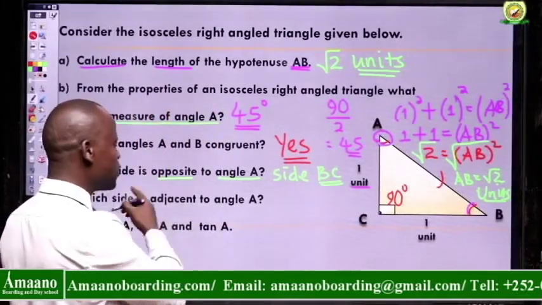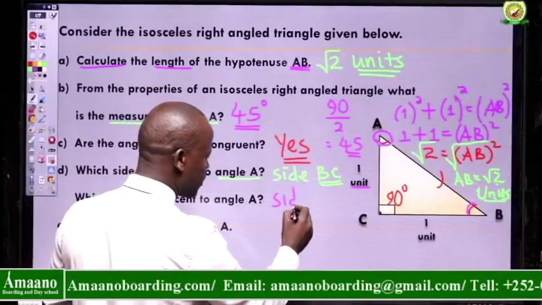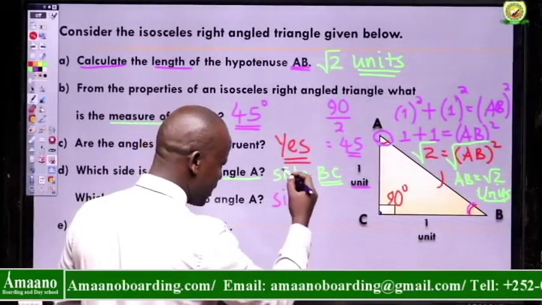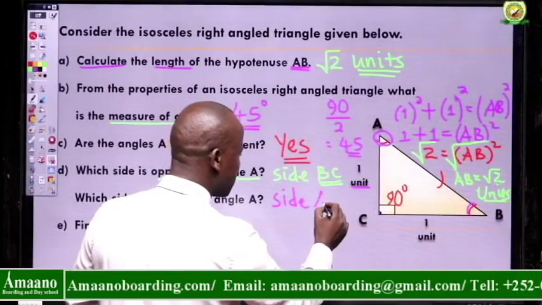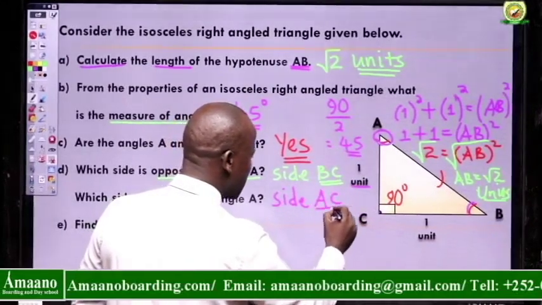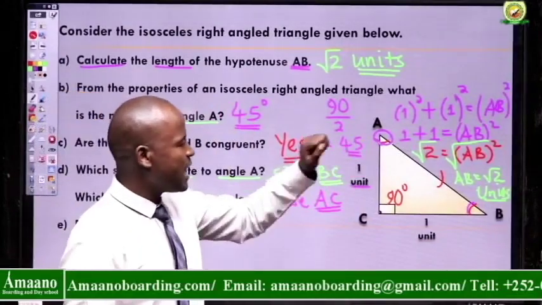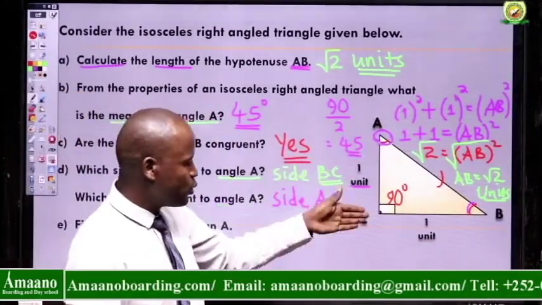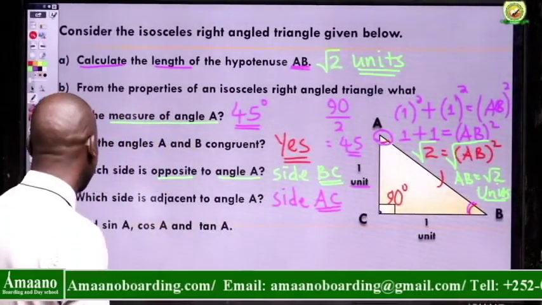So the side which is adjacent to angle A is side AC, or you can say side CA. It joins the two angles A and C, the right angle C.